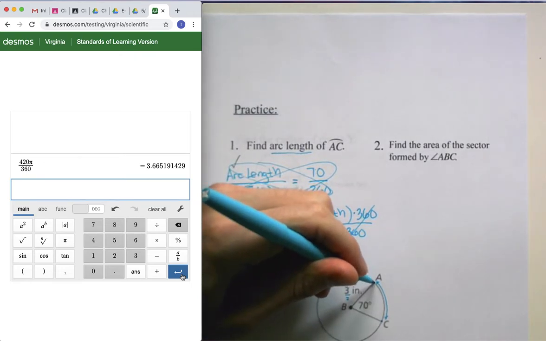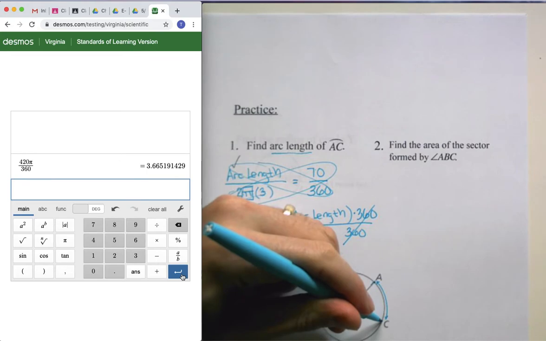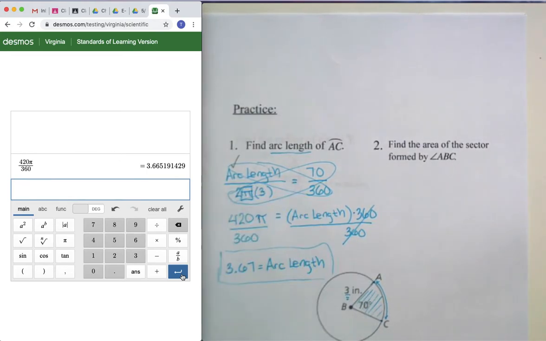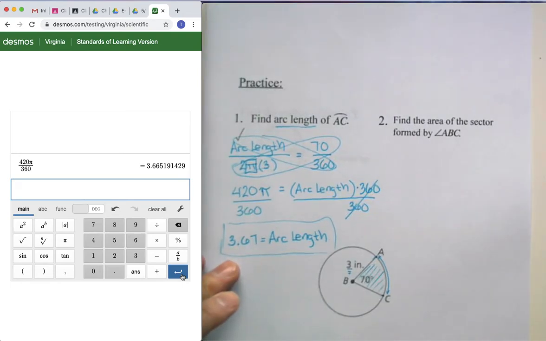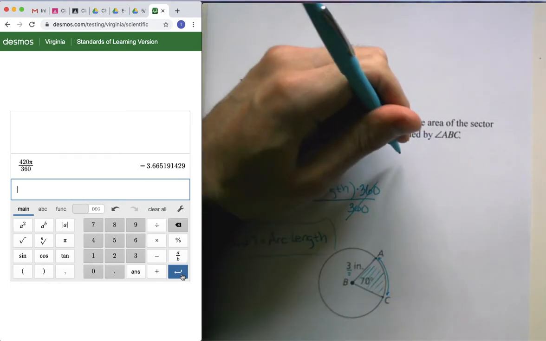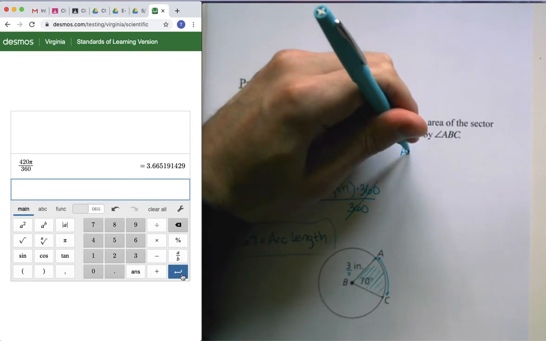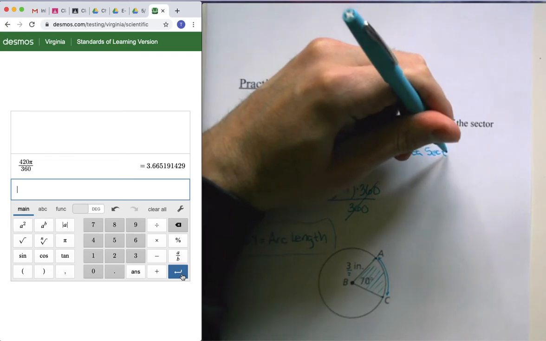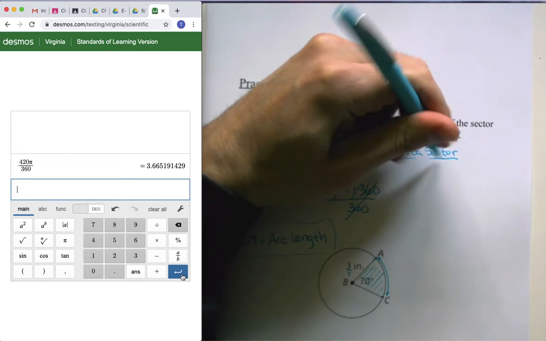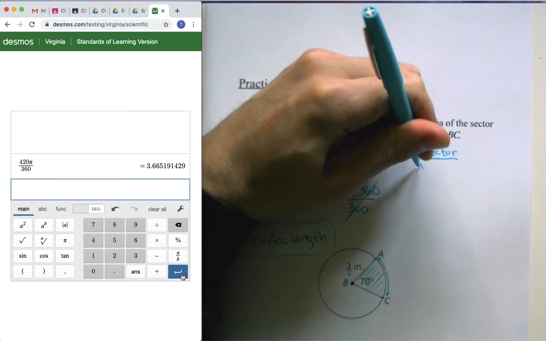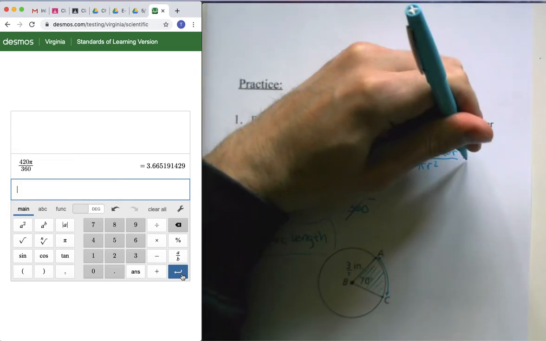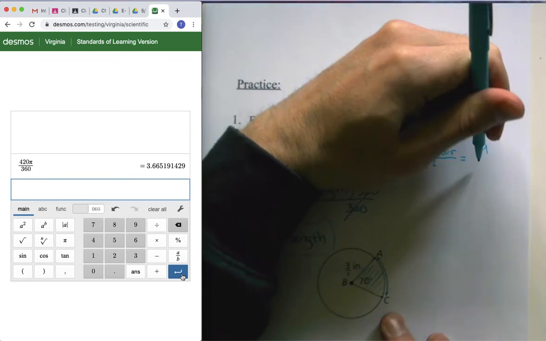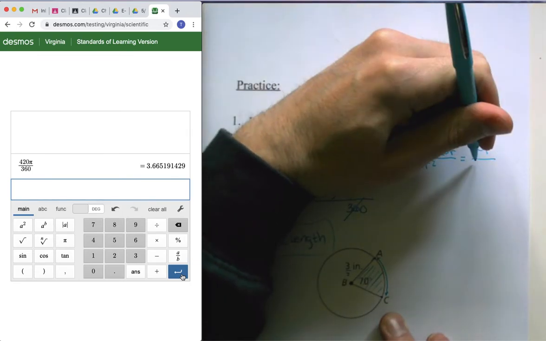So let's find that angle, ABC. Okay, so here's our angle. Looks like we're going to have to find the area of the sector that's shaded in by this region. Okay, so to do that, we're going to go back to our formula. We're going to say area of a sector over pi r squared is equal to the arc measure, or the angle inside the circle, over 360.